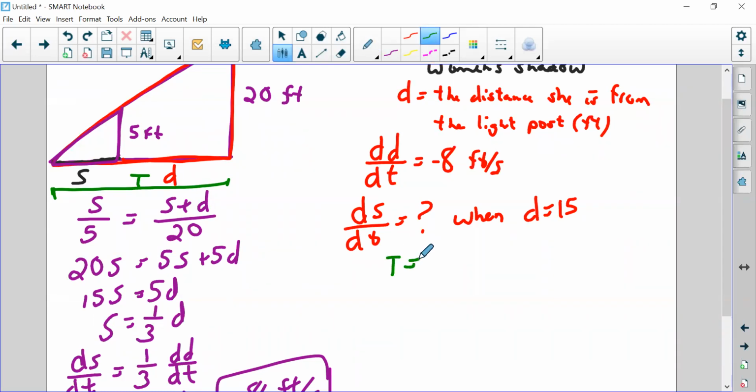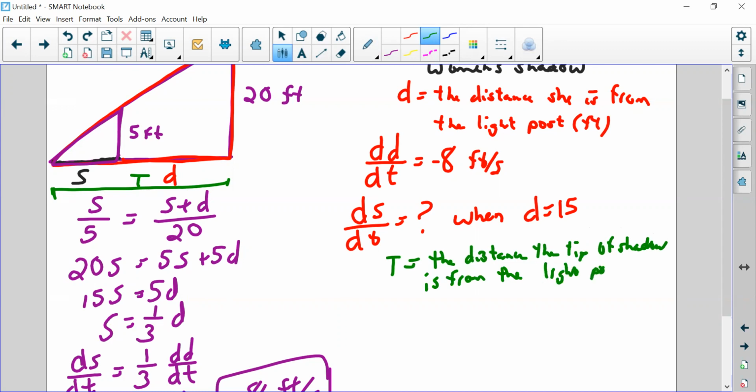So big T is equal to the distance the tip of the shadow is from the light post. And that, of course, still is in feet.